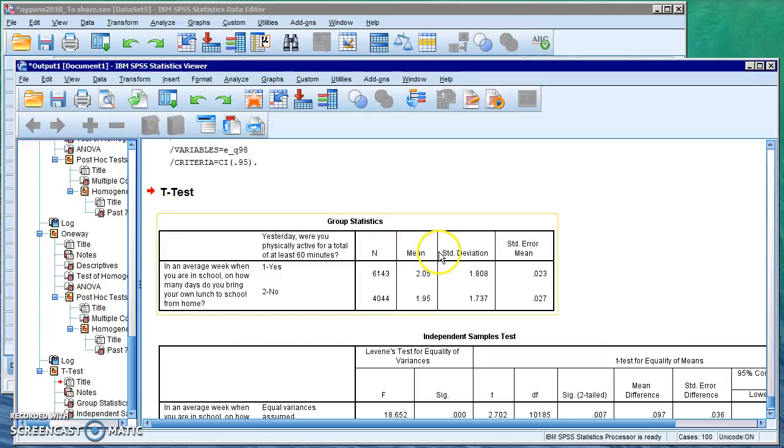Those who are physically active for 60 minutes on the previous day tend to bring their lunch to school from home more days than those who aren't physically active for 60 minutes. And that is how we conduct an independent samples t-test.